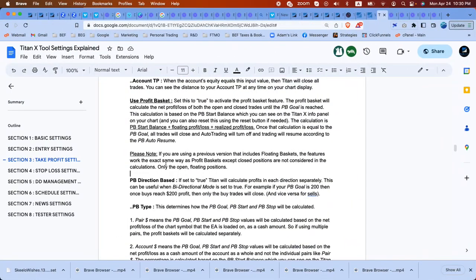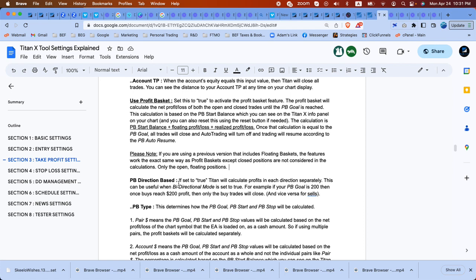Okay, so one thing to please note here, if you are using a previous version that includes floating baskets, the features for the floating baskets work exactly the same way as the profit basket, except closed positions are not considered in the calculations, only the open floating positions.